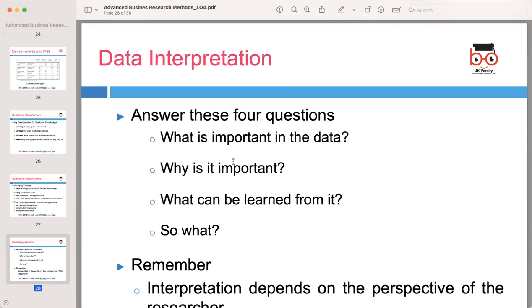So why is it important? Data holds importance because it enables us to make informed decisions. It provides evidence and supports the development of theories, strategies, and policies. So what can be learned from it?